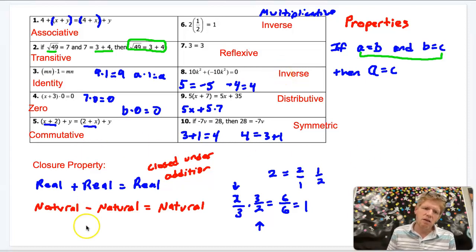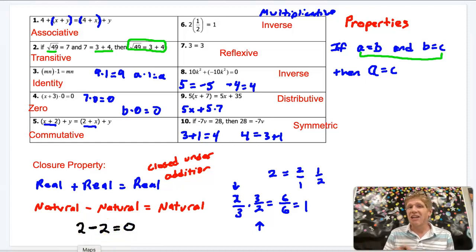So if we were to take 2 and subtract 2, we would get 0. The natural numbers don't include 0. 0 is a whole number. The natural numbers are not closed under subtraction.